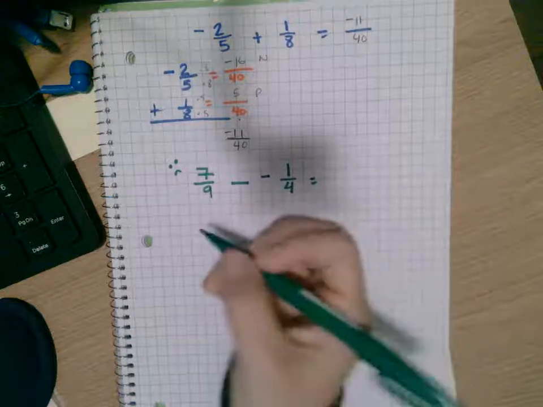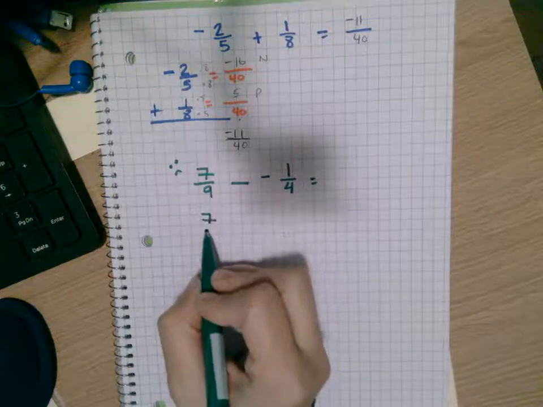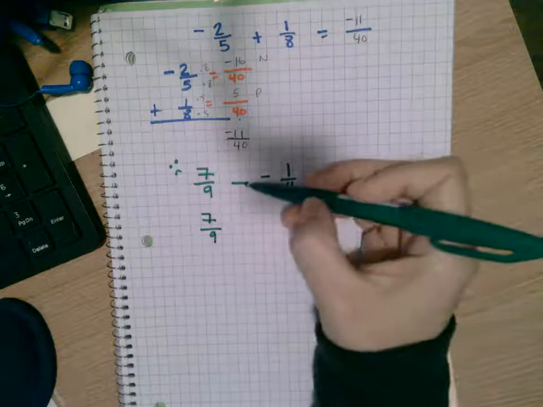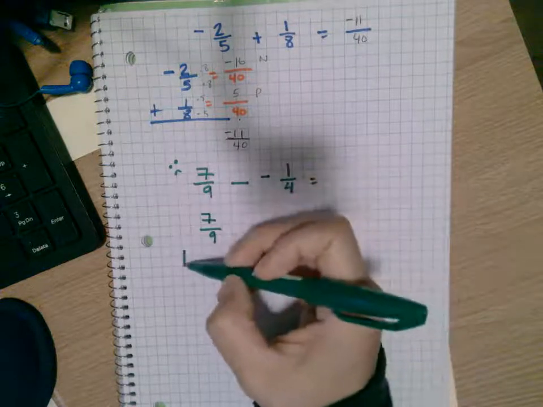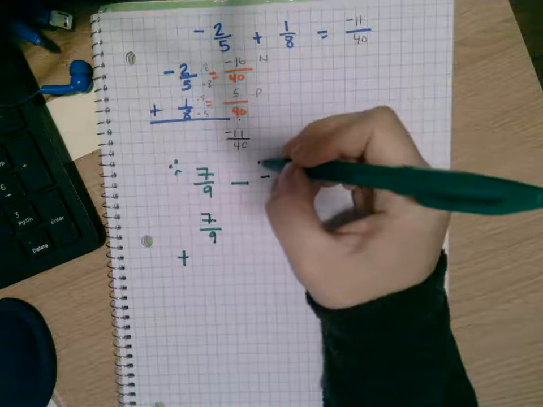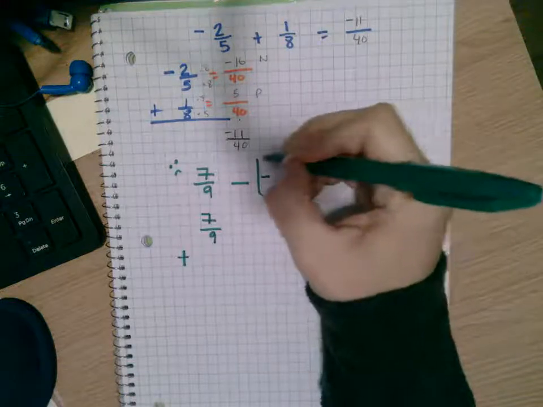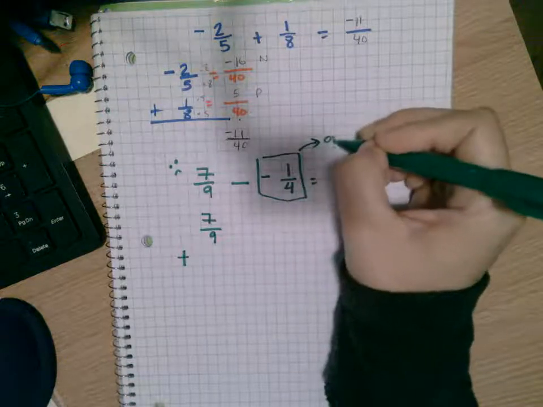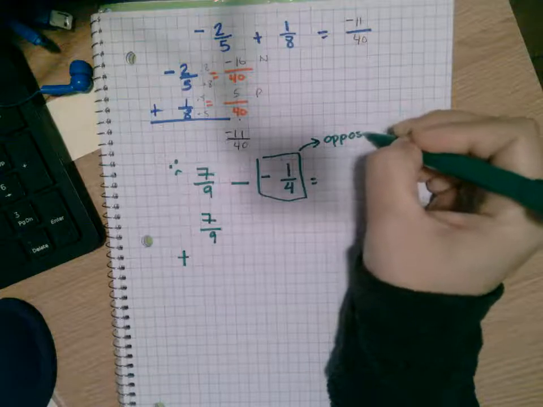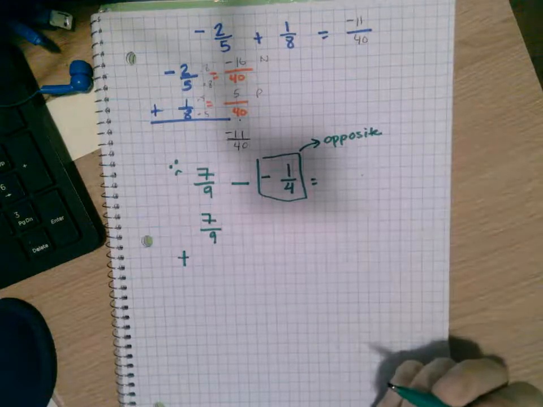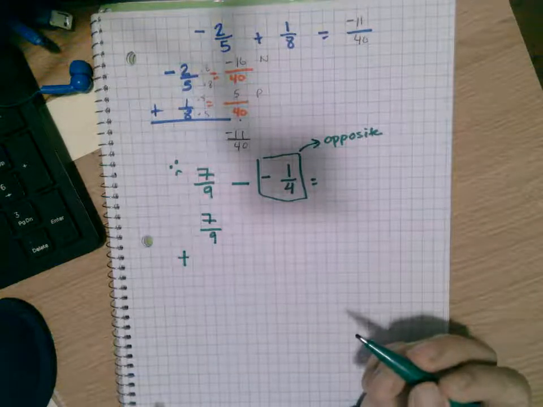So it would be 7/9. Subtraction sign turns into addition. And then what is the opposite of negative 1/4? Would be 1/4. Yeah.